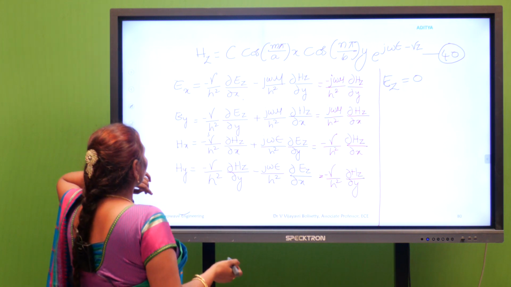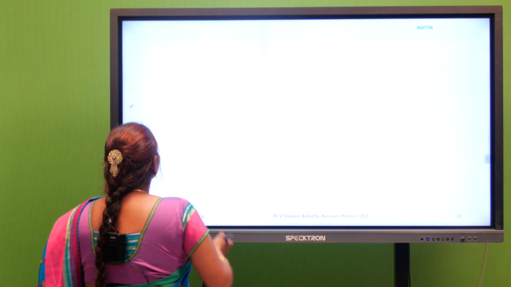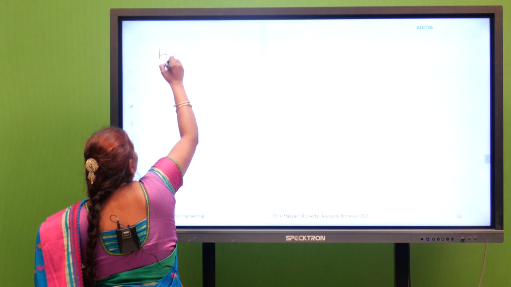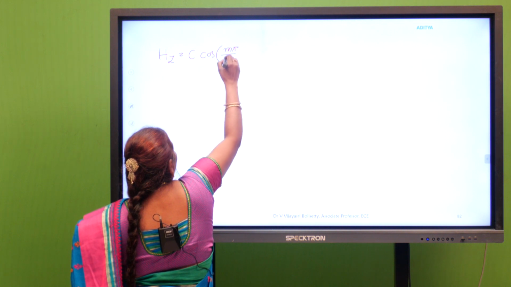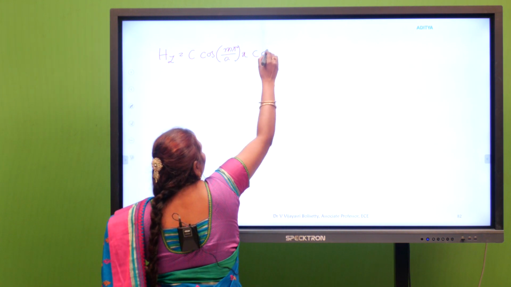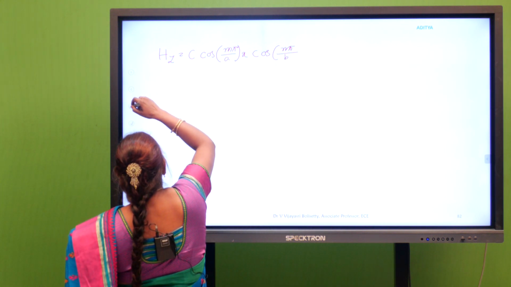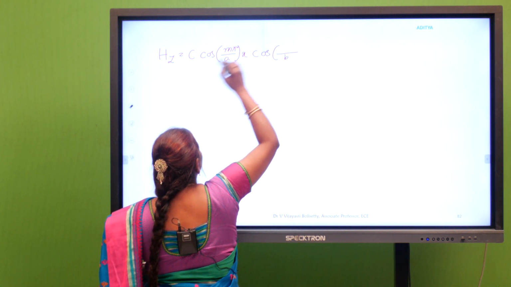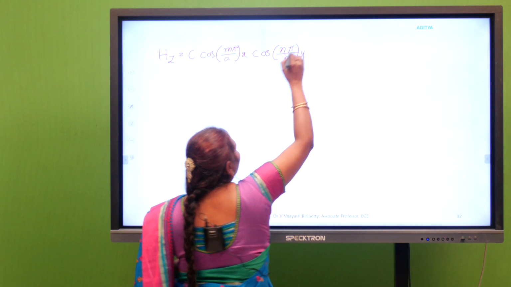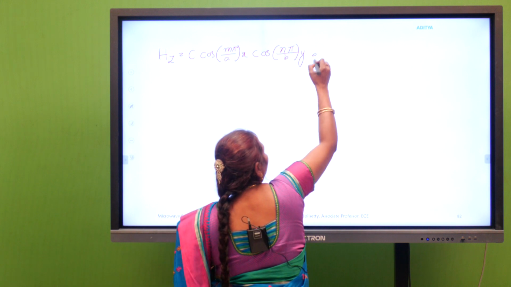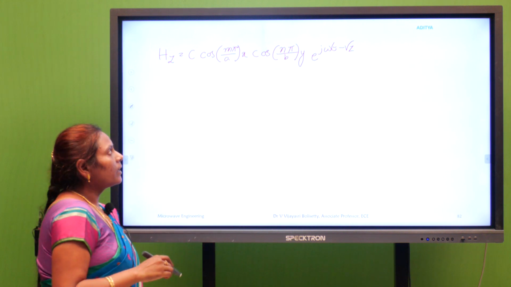Let us see the differentiation of Hz with respect to x and y. I am writing Hz again, C1 cos(m pi by a x) cos(n pi by b y) e power j omega t minus gamma z.